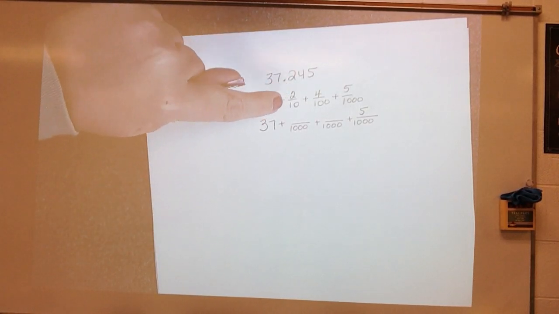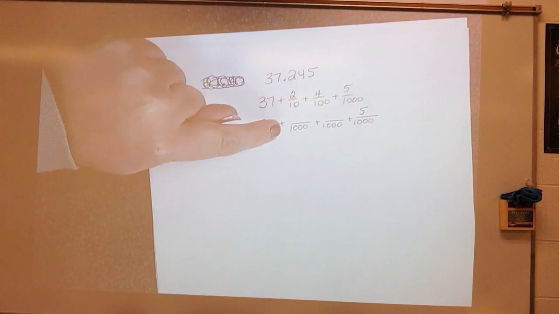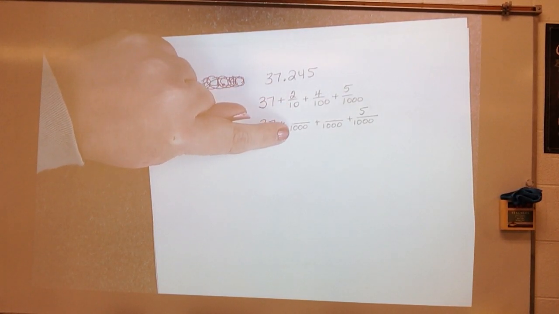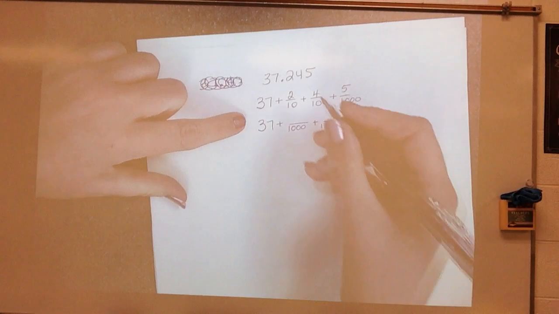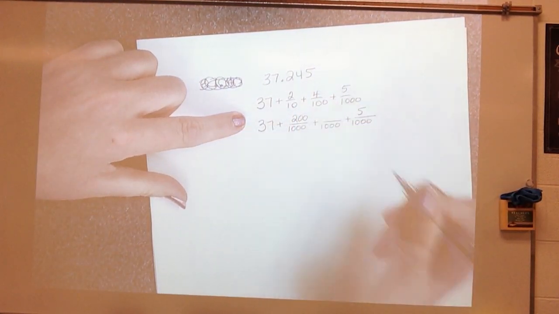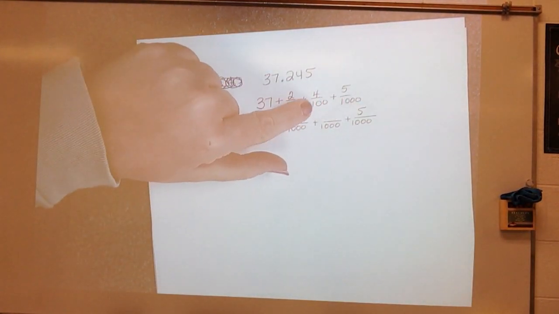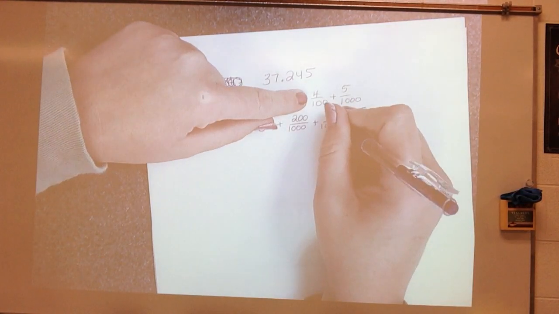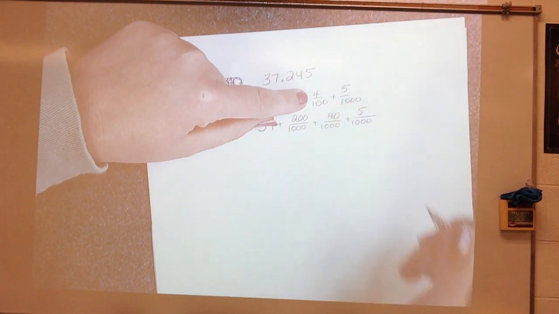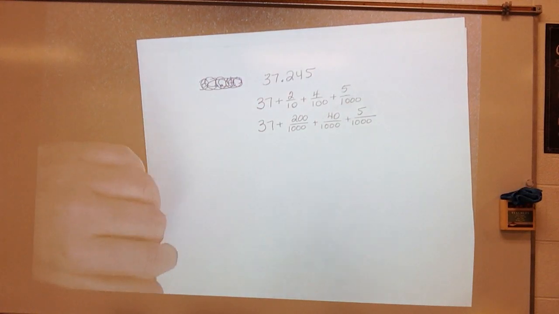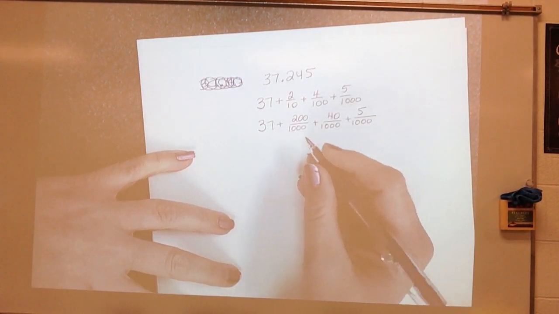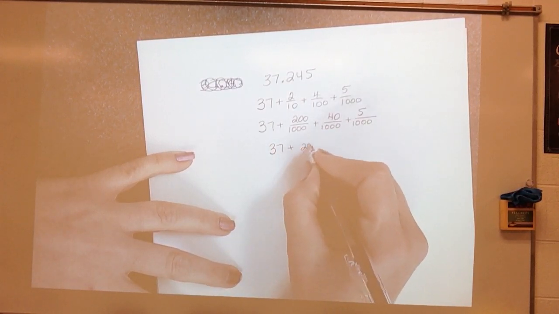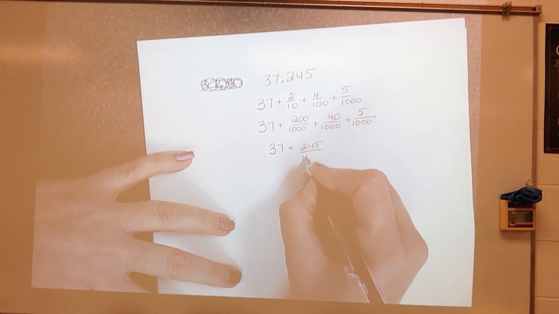All right. 2. So let's look at this. 10 times what gives me 1,000? 10 times 100. So 2 times 100 is 200. 100 times 10 is 1,000. So 4 times 10 is 40. And now I can go ahead and add that together. So I get 37 plus 245 over 1,000.